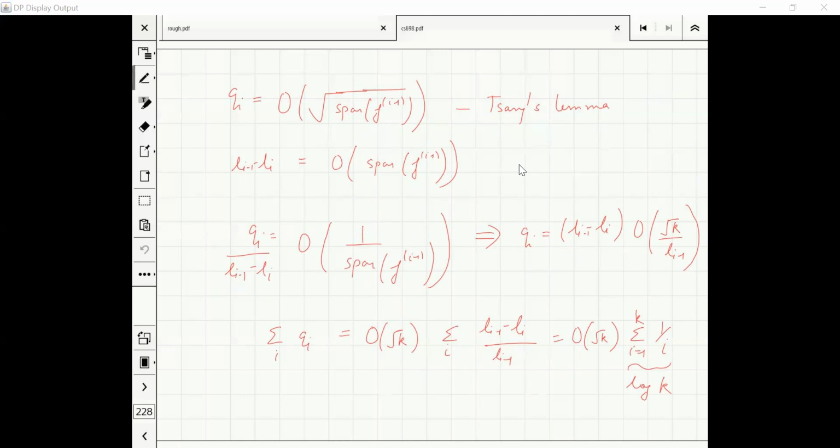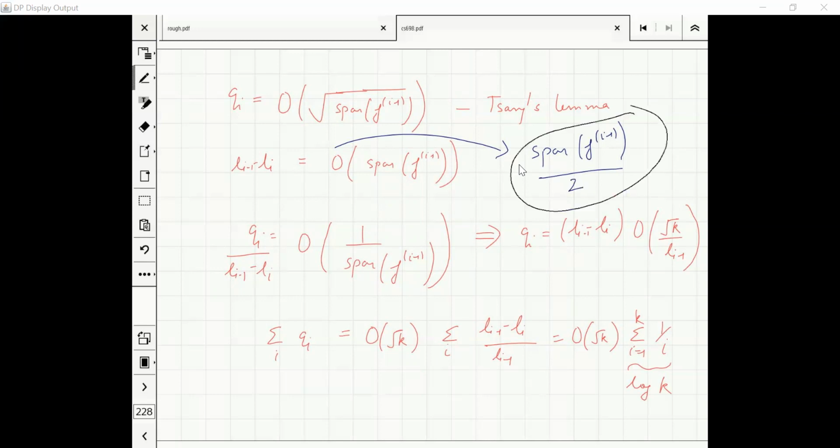And how much advantage will you get? How many active parities will it reduce? Actually, these are exactly the sparsity of Fi minus 1 divided by... remember, at least 2 parities are getting merged together. In Sang's lemma, at least 2 parities always get merged together. So these many equivalence classes get destroyed every time.